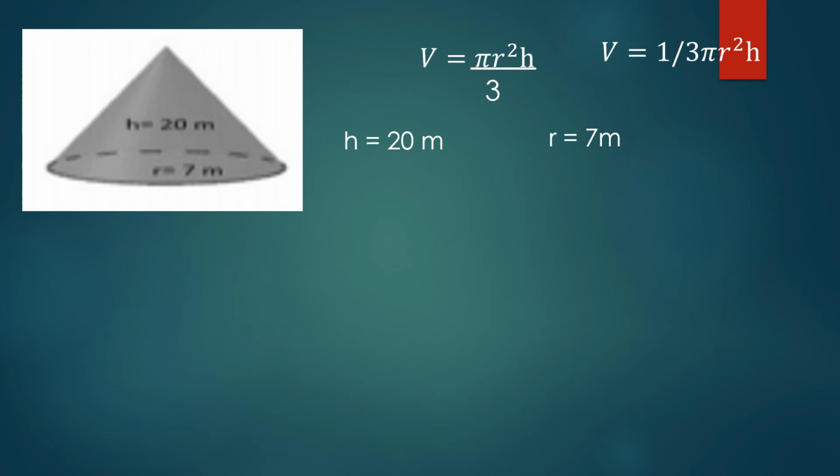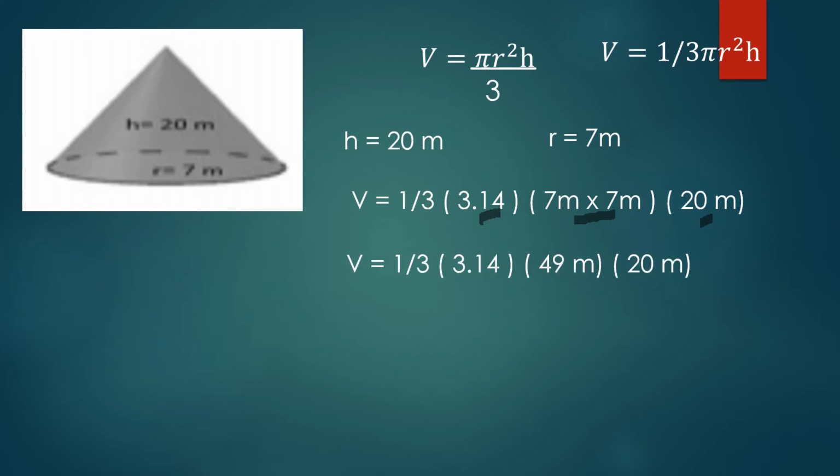So, i-carry over natin yung ating formula na 1/3 pi r square times height. So, 1/3, yung pi is 3.14, ang radius to the second power is 7 meter times 7 meter, ang height is 20 meter. So, 7 times 7, you have 49 times 20 times 3.14 times 1/3.